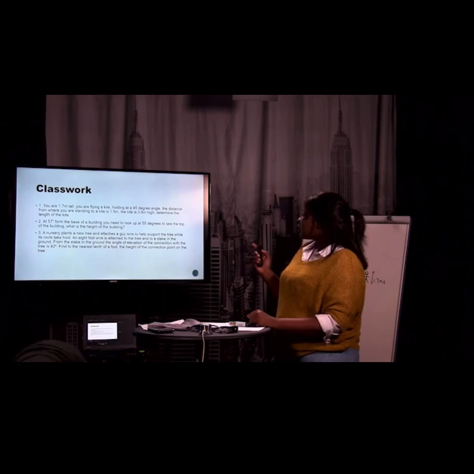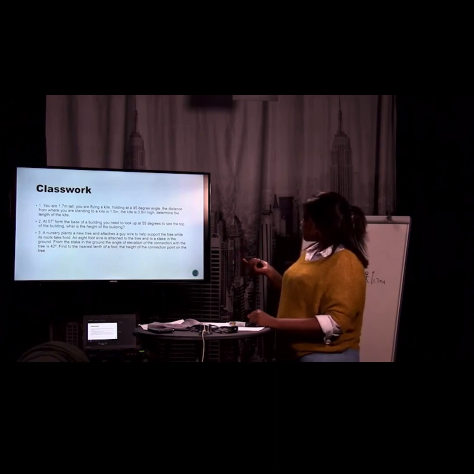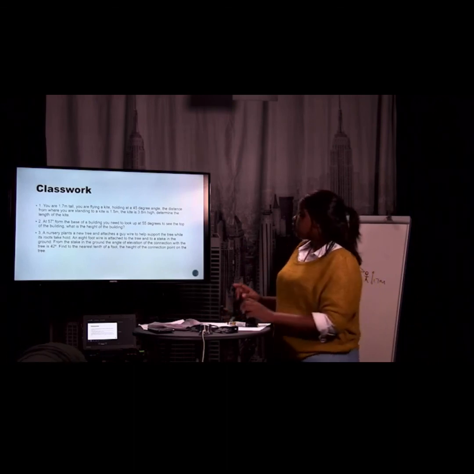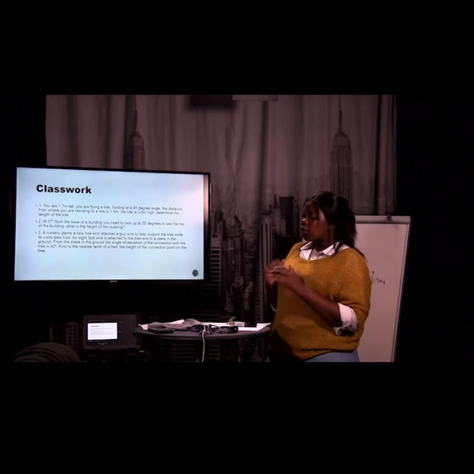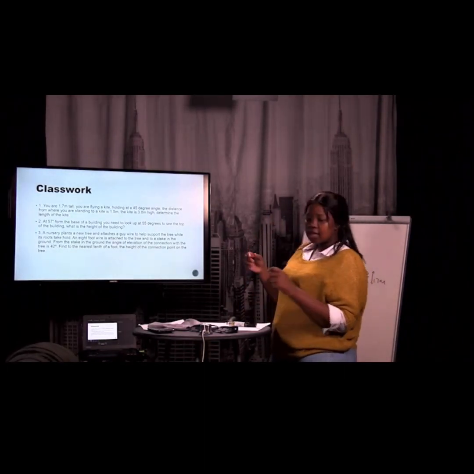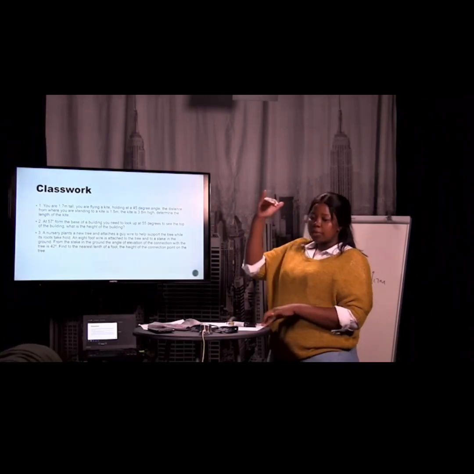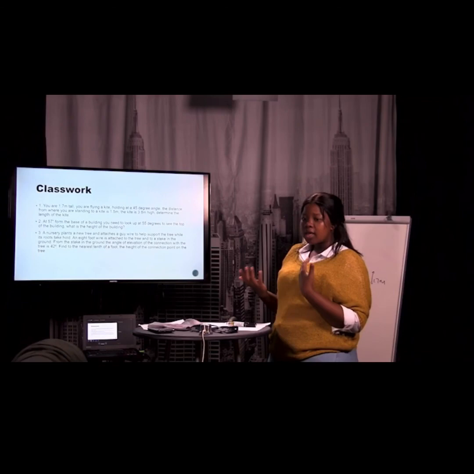Find to the nearest tenth of a foot the height of the connection point on the tree. You don't want to know how high your tree is. You just want to know how high the point is where this wire is holding the tree, from the ground to that point.